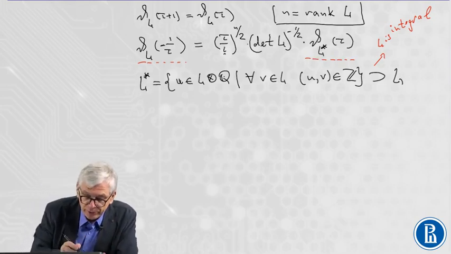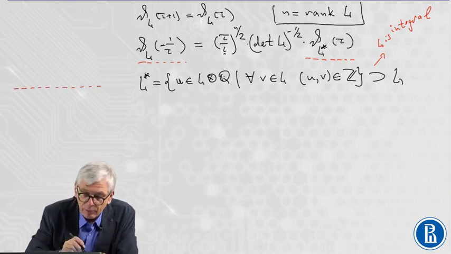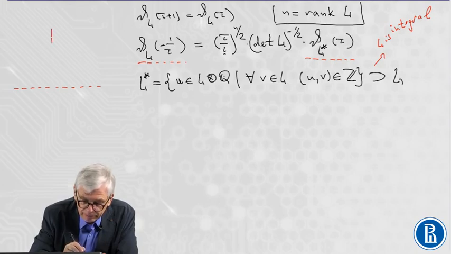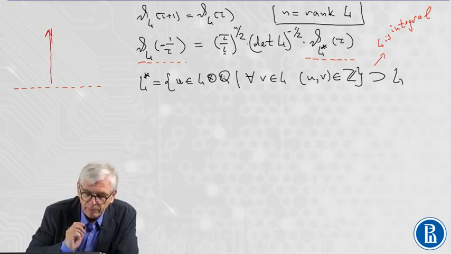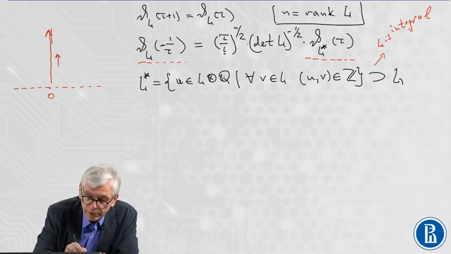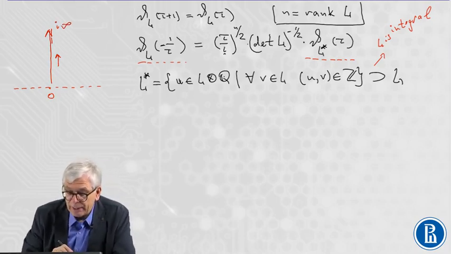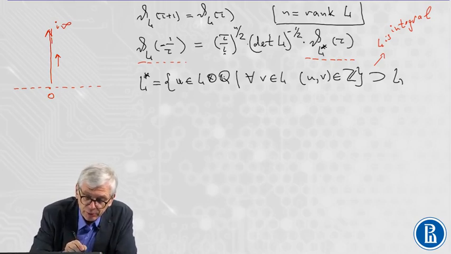What is this transformation? Let's consider once more the complex upper half plane. This is 0, this is on the real axis. If we go to infinity, we go to the point i infinity. And -1 over tau interchanges these two points, i infinity and 0.